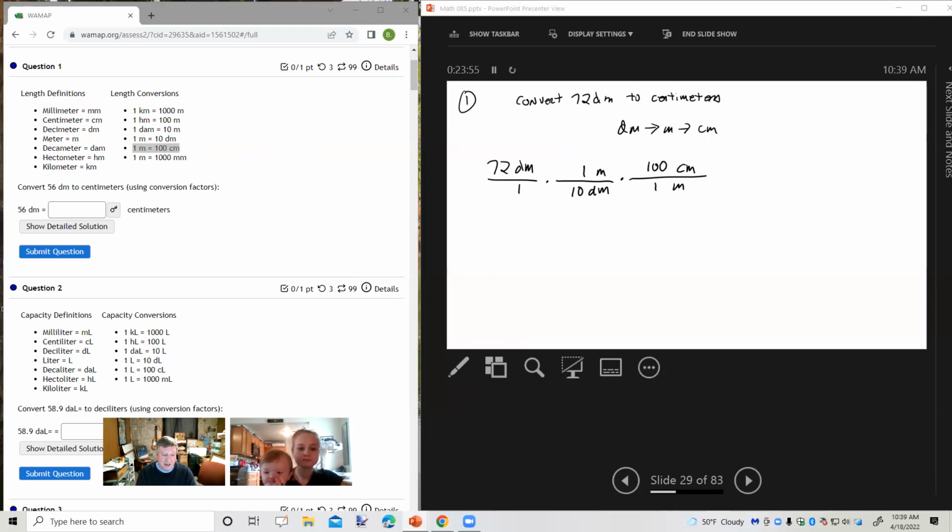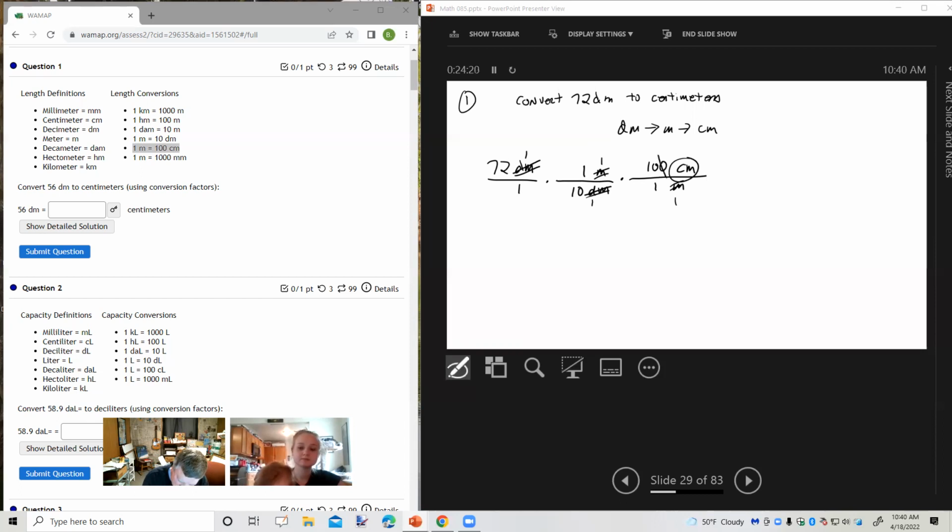Now, on Friday, I got rid of some zeros and crossed them out, and then I forgot that I crossed them out and messed up everything. So let's see if I can do a better job today. Okay. So what can I get rid of? Well, decimeters reduces out, meters reduces out, and I have centimeters. I could reduce the top and the bottom by 10.